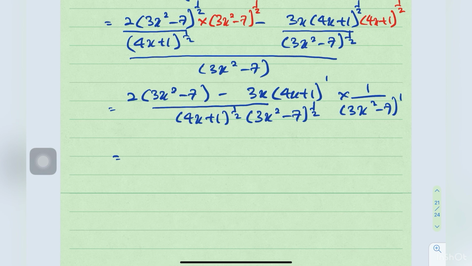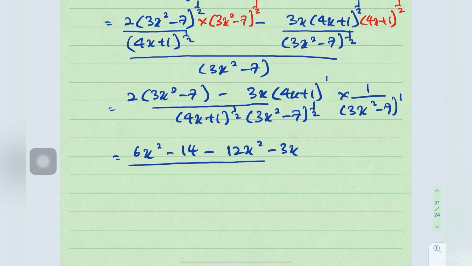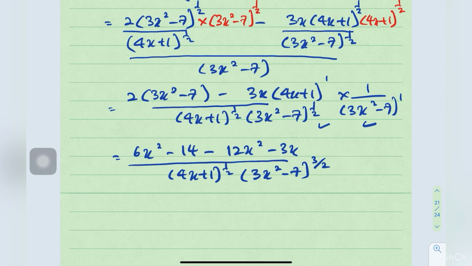This one becomes 6x squared minus 14 minus 12x squared minus 3x, over (4x plus 1) to the power of 1/2, and this one and this one, 1/2 plus 1 is (3x squared minus 7) to the power of 3/2.